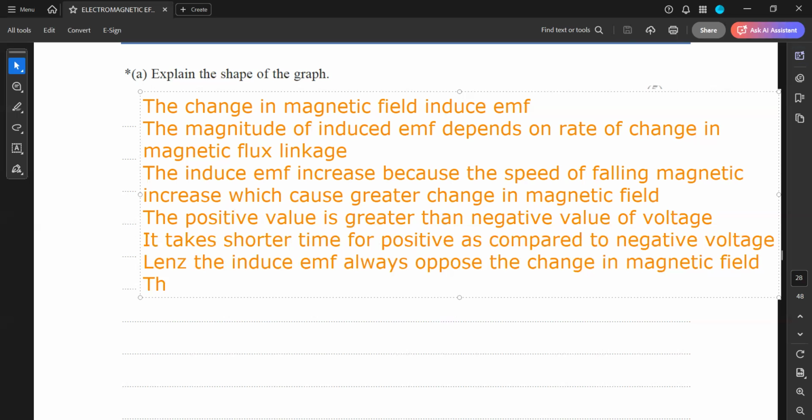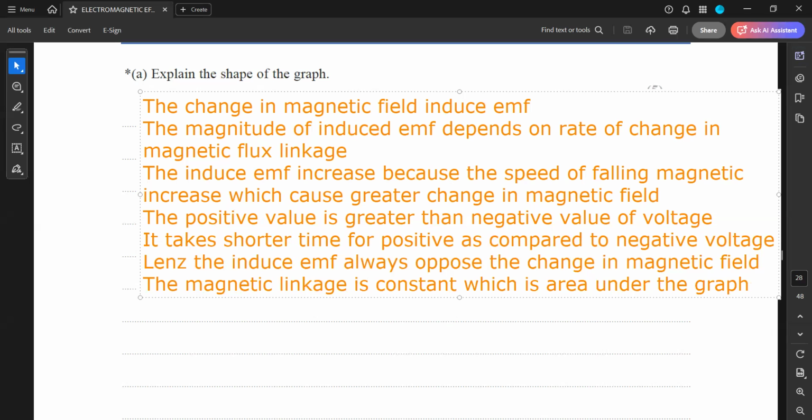And the magnetic flux linkage is constant, which is the area under the graph. So you can see the two graphs have the same area, which shows that the magnetic flux linkage is constant.